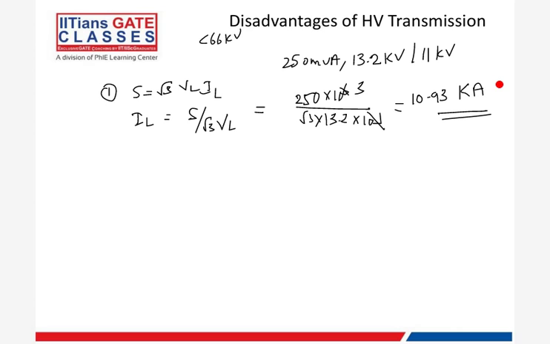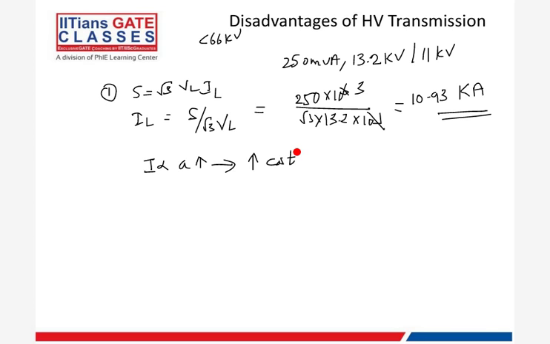You have to remember that the higher the current, the higher the cross-sectional area required, and the higher the cross-sectional area required, the higher the cost, right?